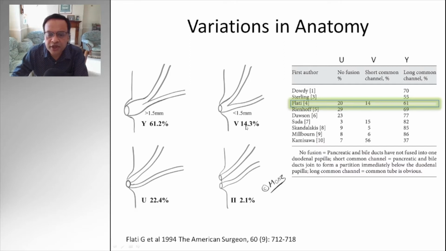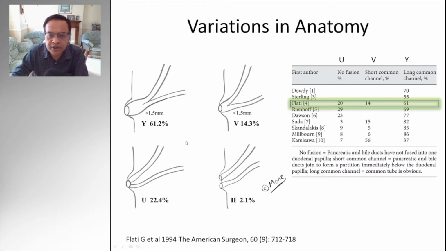In the V configuration, the common channel measures less than 1.5 millimeters in length. In the U configuration, there is no common channel and the two ducts open separately but at the same orifice. Finally, in the double-barrel configuration, again the two ducts open separately but each has its own papilla.